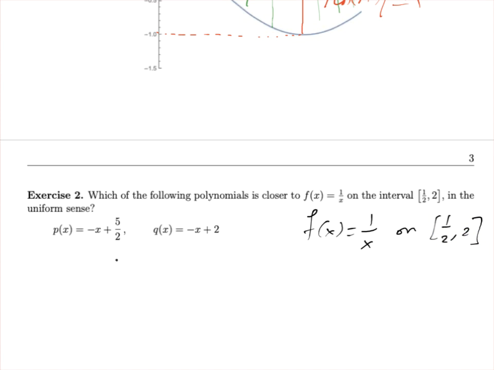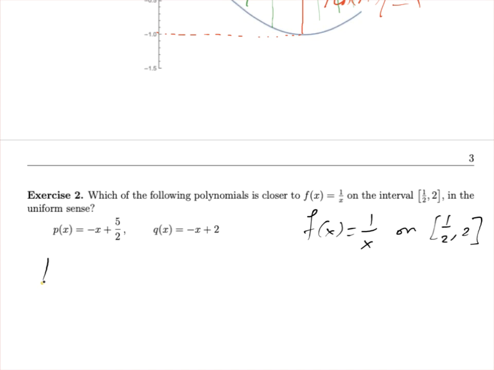The two polynomials given here are both polynomials of degree 1. They're straight lines, p and q. We want to know which one is closer to 1 over x.